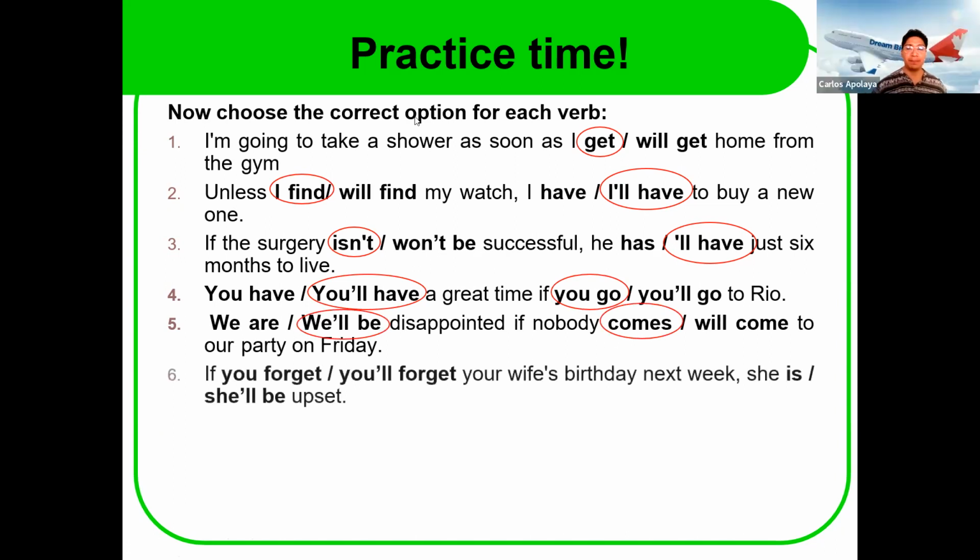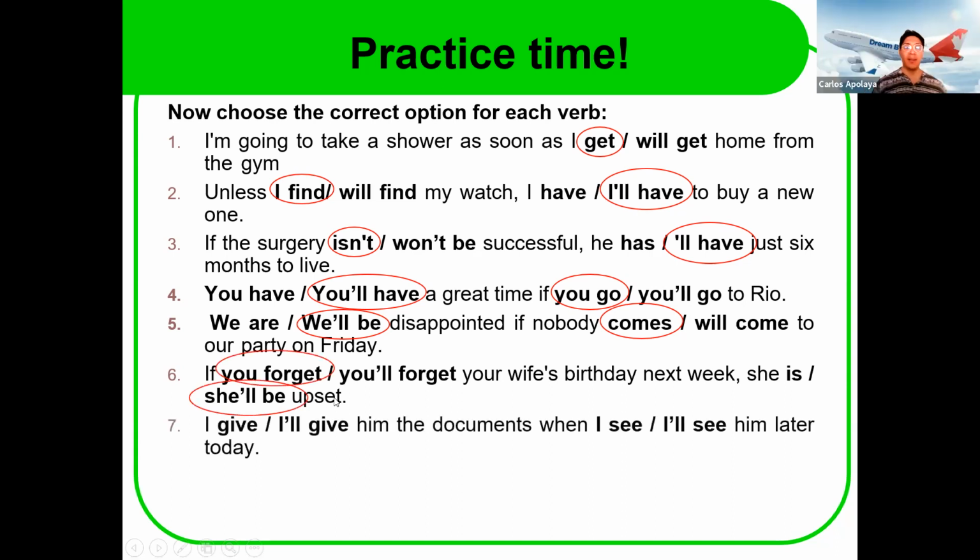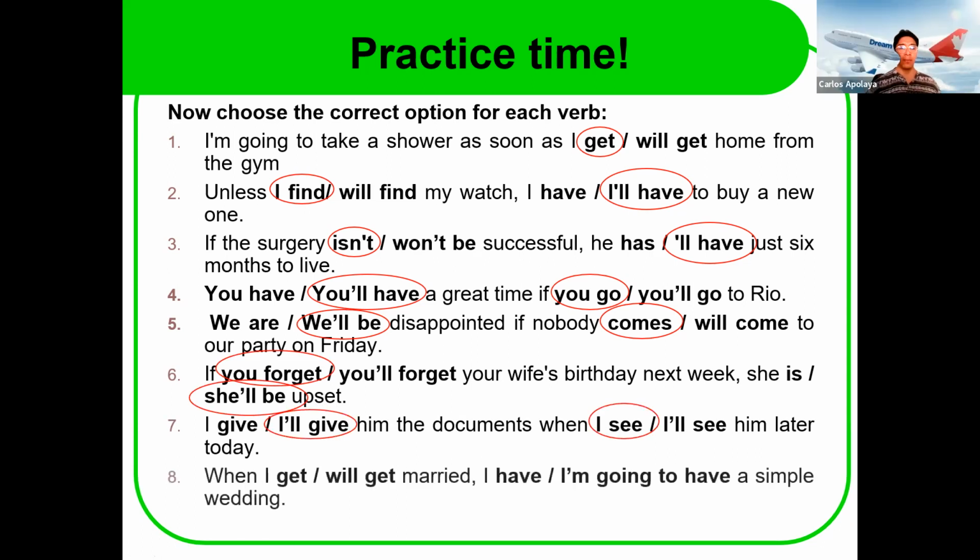Perfect. Number 6. If you forget your wife's birthday next week, she'll be upset. Yes. Number 7. I'll give him the documents when I see him later today. Next. When I get married, I am going to have a simple wedding. Okay, that's perfect. Let's discuss now.